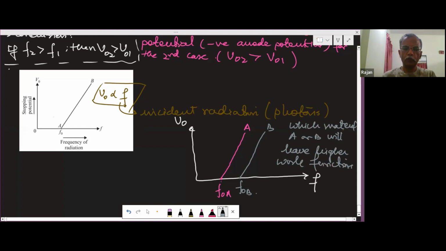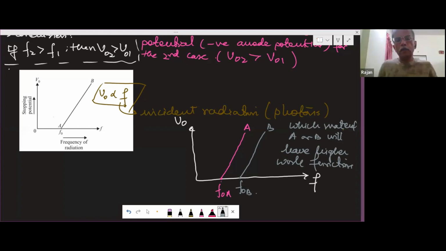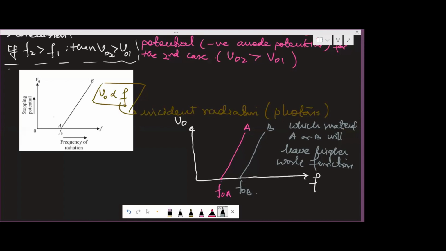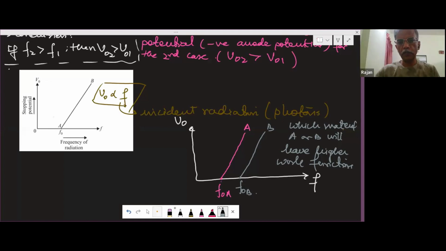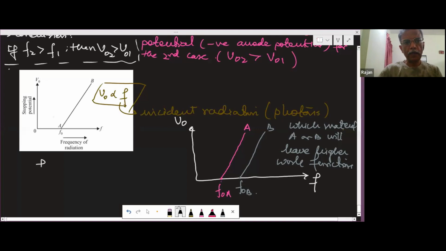This is one of the questions that they ask. Small conceptual questions like that are there. Okay, which material has the higher cutoff frequency, the threshold value? Tell me, A or B? B, of course. We can see easily that my FOB is greater than FOA. Yes or no?